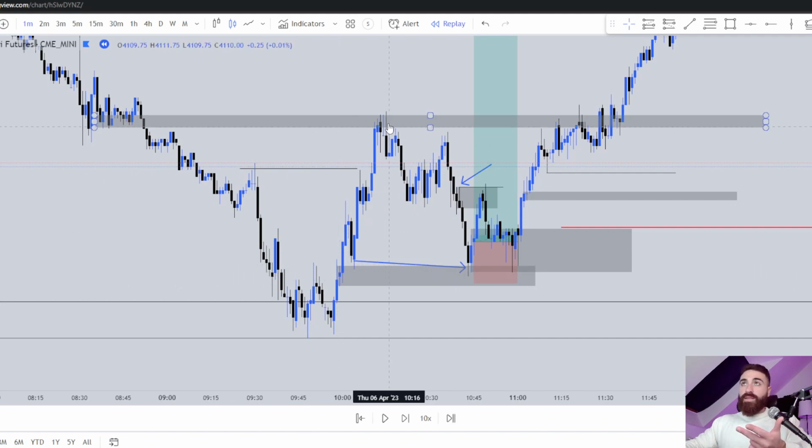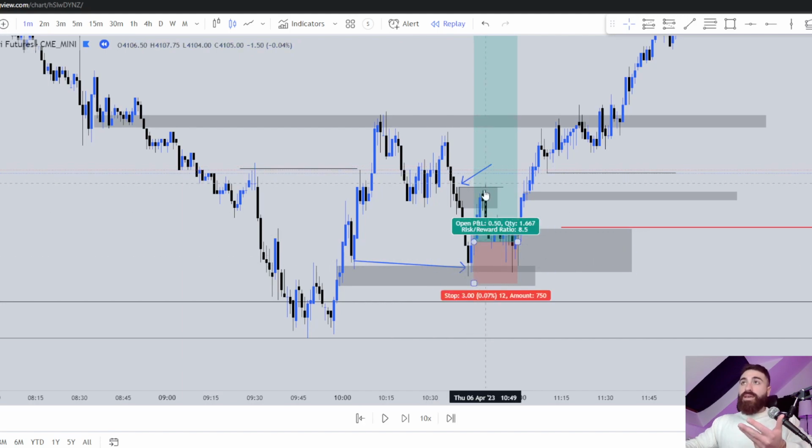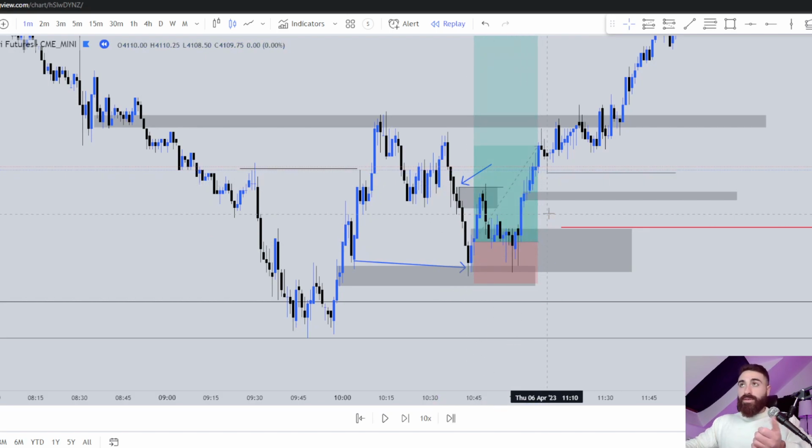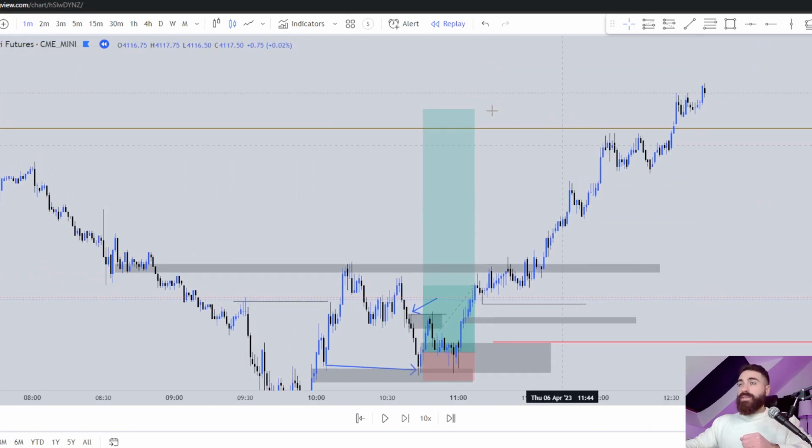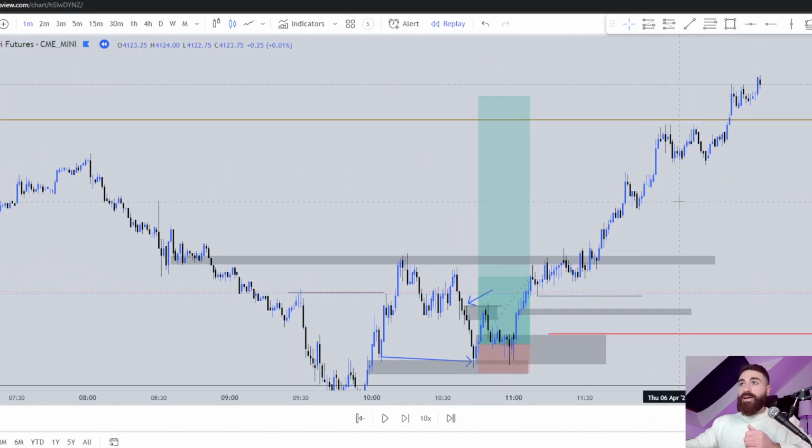Step number three, the signs that it is giving us to go higher. Okay, step number four is return to origin and then seeing another reaction. Step number five, we see the reaction. Okay, step number six, it comes back to our area which gave us this reaction, which is this here. It came back to our area and we take the trade from here. Okay, so this was the whole idea behind this trade.